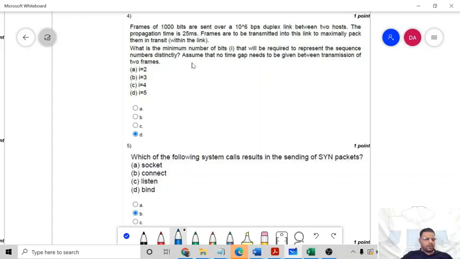So first we see what the transmission delay is. First we have to understand the transmission delay for one frame.